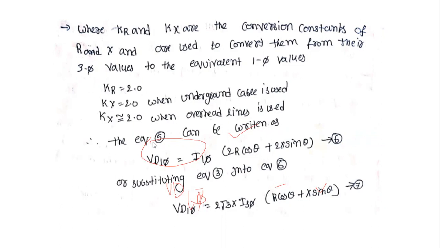From equation number 5, what is equation number 5? That is the voltage drop across the single phase system.